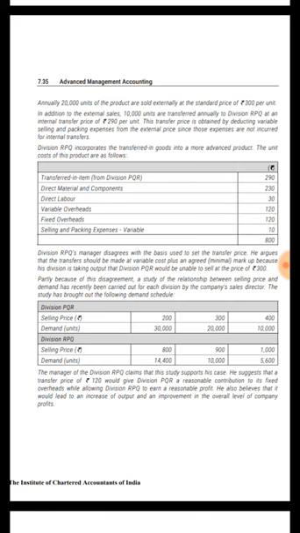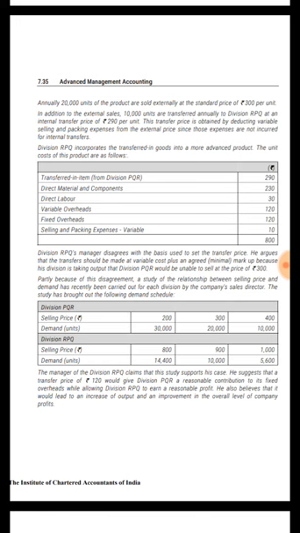And for division RPQ, if the selling price is rupees 800, demand in units may be 14,400. If the selling price goes up to 900, the demand can be 10,000, and if the selling price is 1,000, the demand can be 5,600.